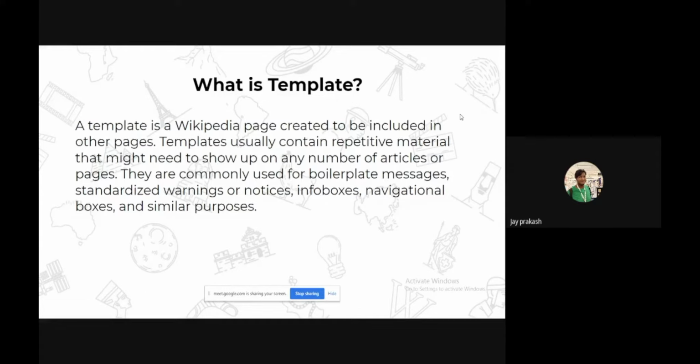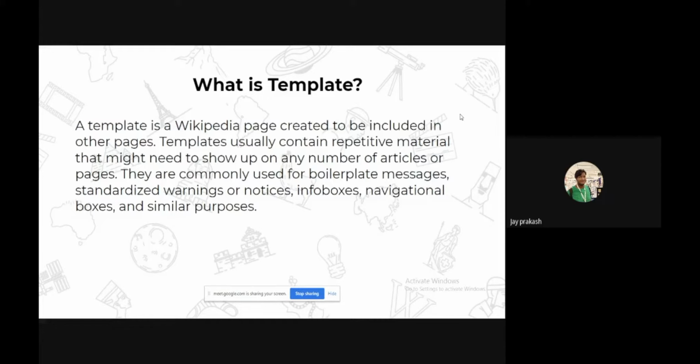So what we do is create a structure with a template, and then whenever we need the content on a wiki page, we call the template and it will generate the content dynamically and add it to your wiki page.